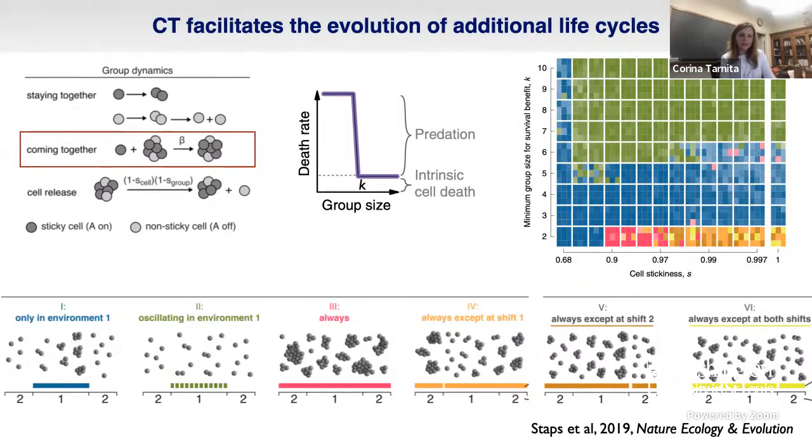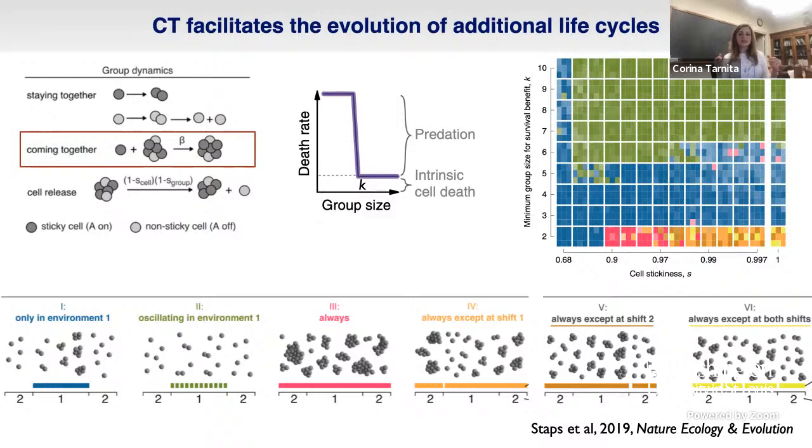And those 2 life cycles, I will draw your attention to the yellow one because it's particularly interesting to me. That one is one where you express gene A all the time, so you're always sticky, except for the shifts of the environments. And so when 2 changes into 1, you turn it off for one bit, and then you turn it back on again for the entirety of environment 1, and then you turn it back to gene B at the switch between 1 and 2.